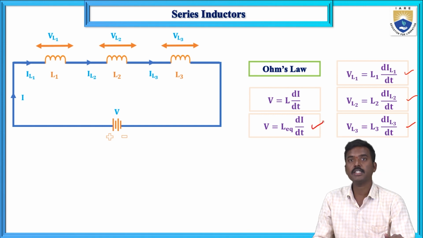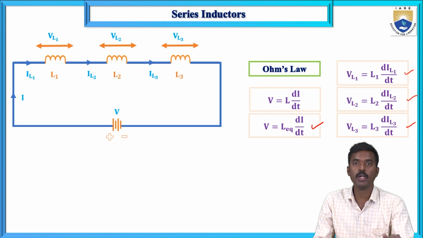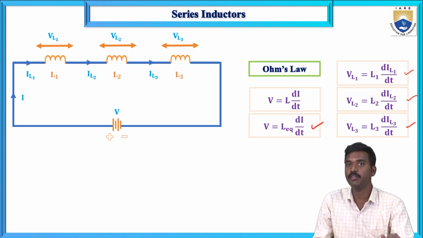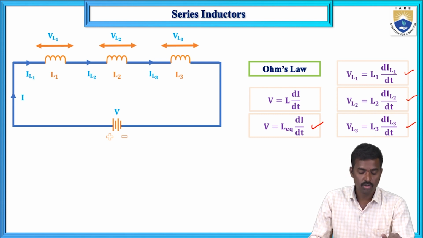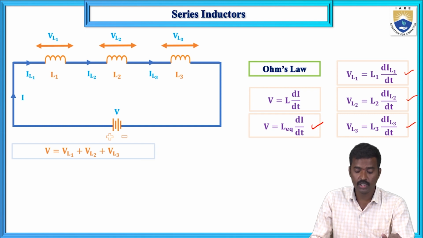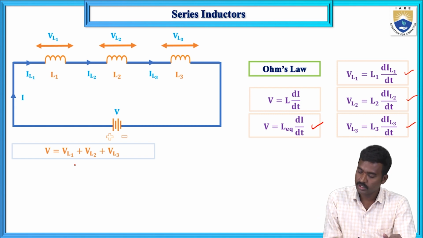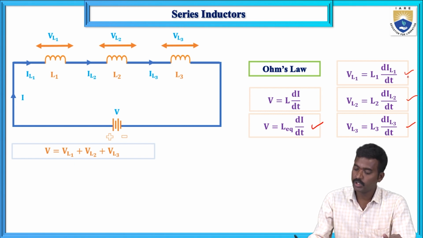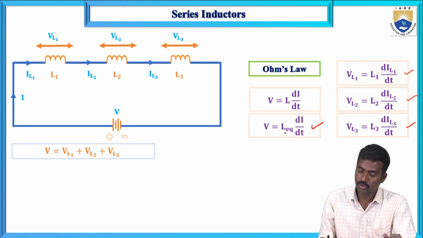Now we know the series connection second property: supply voltage equals the sum of the individual voltages. So V equals VL1 plus VL2 plus VL3. Here VL1 equals L1 dIL1 by dt, VL2 equals L2 dIL2 by dt, VL3 equals L3 dIL3 by dt, and V equals L equivalent di by dt.